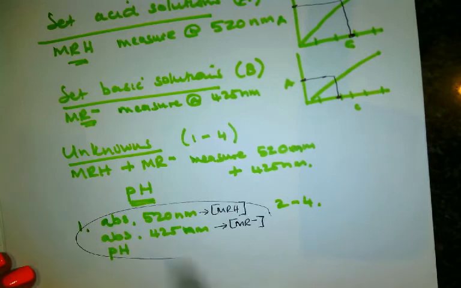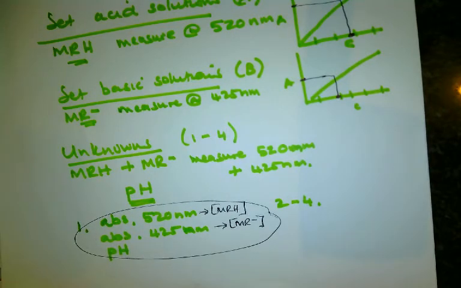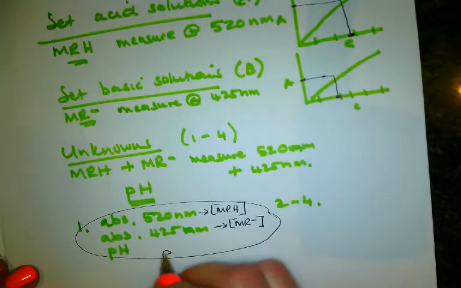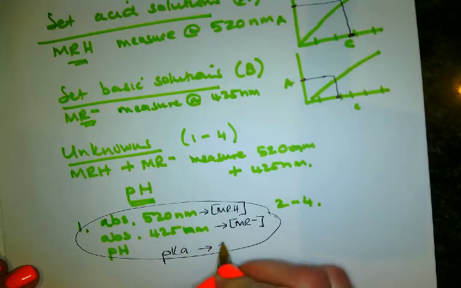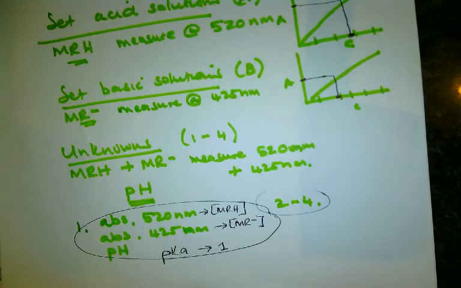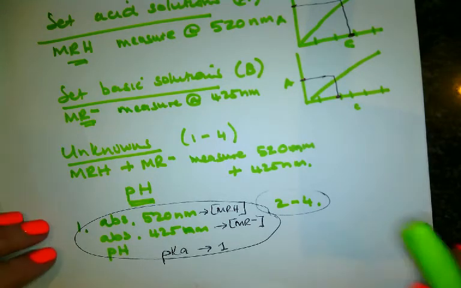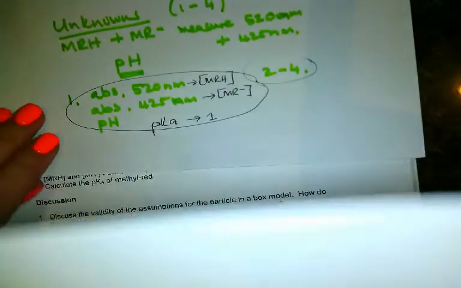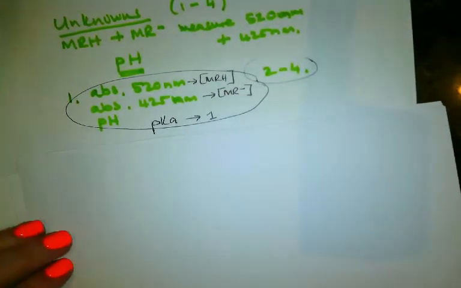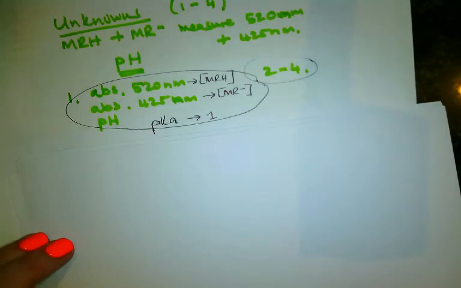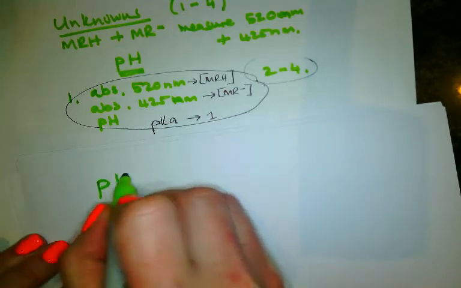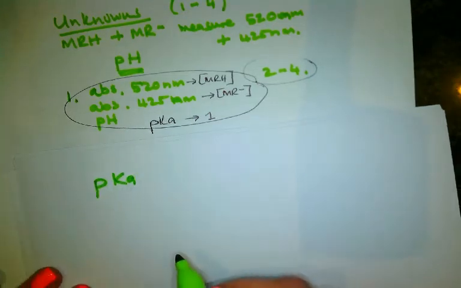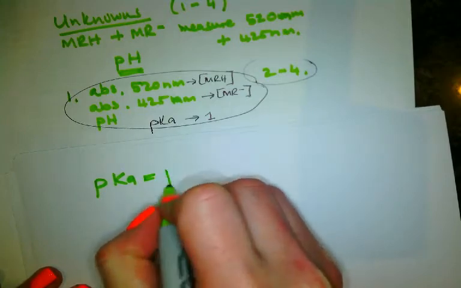You then use this information to calculate the pKa for unknown solution 1, and you do the same for unknown solutions 2 to 4. Now in order to do that, you will use the following equation, which you will find in your practical manual.